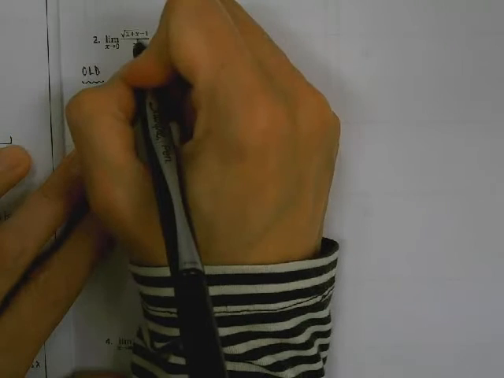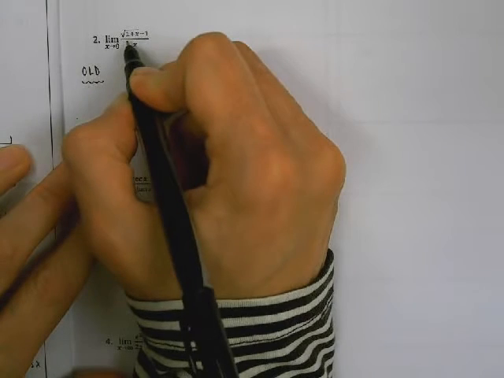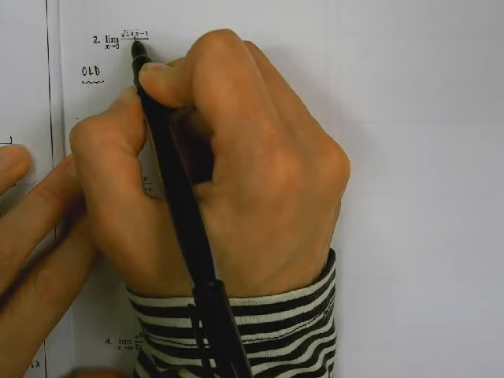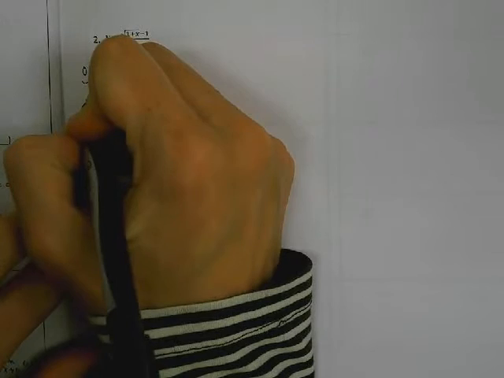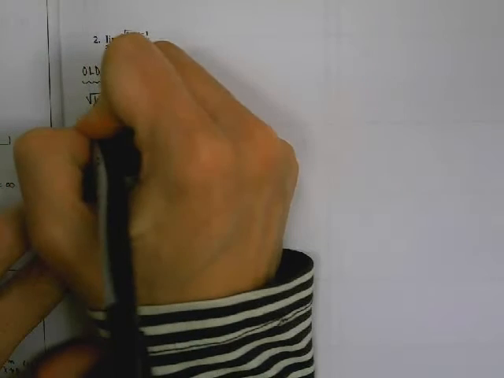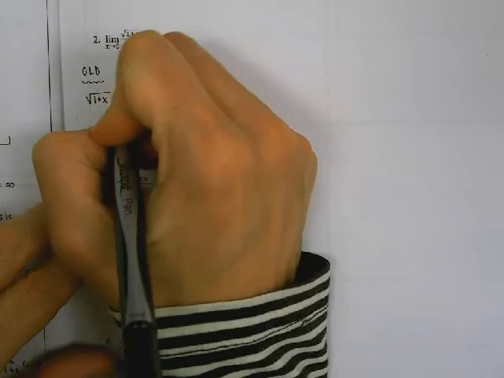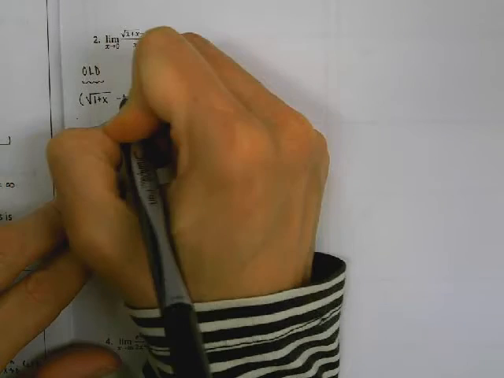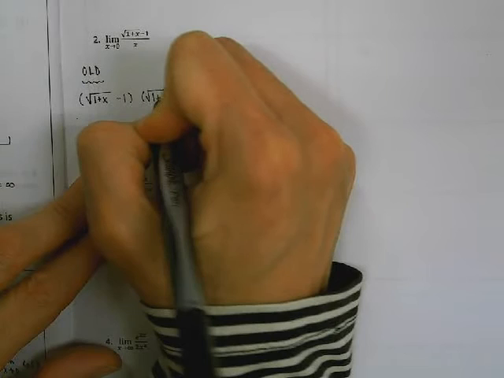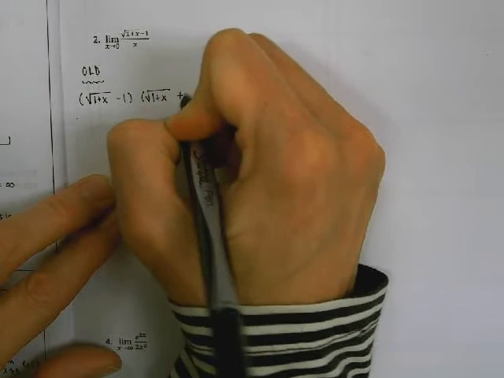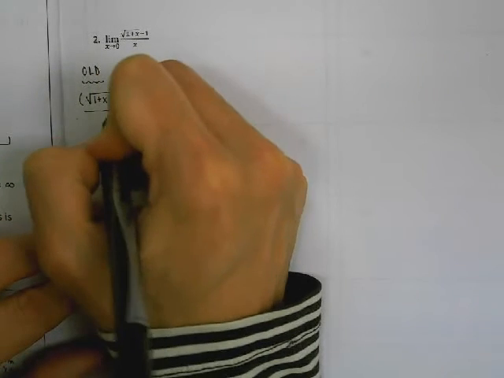We said here we could take this, if we plugged in 0, we would get 0 over 0. So obviously we knew we had to do something algebraically with this function. So we said we knew we could multiply by the conjugate. So I had the square root of 1 plus x minus 1, and we multiplied top and bottom by the square root of 1 plus x plus 1.